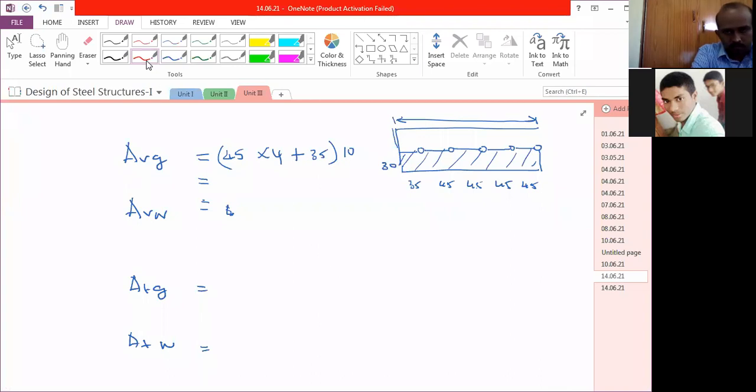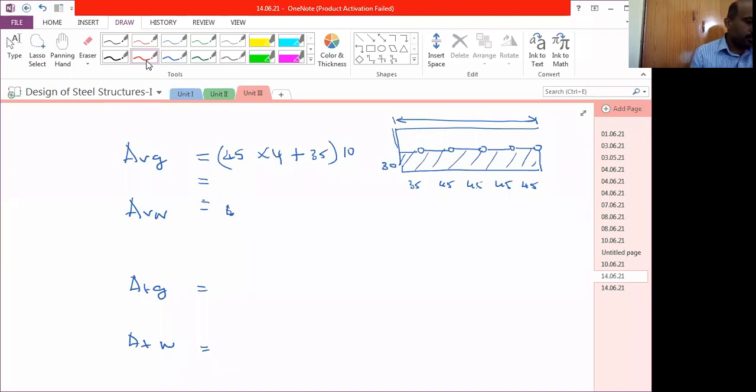What is the gross area? 2250. Yes, okay. 2250 or 2150? 2150. Okay, so directly I can write like this.